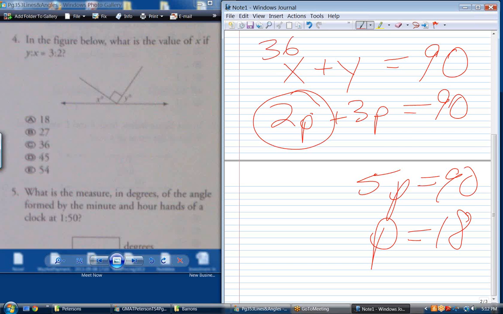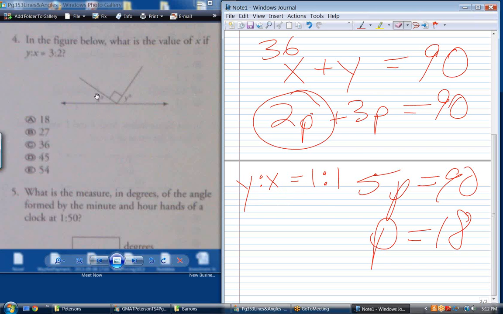I always get confused when I see those two numbers. Do you just say they can be narrowed down to 3 divided by 2? Yes, they are in a 3 to 2 relationship. If x was 45, they would be in a 1-to-1 relationship, because y would have to be 45 also.